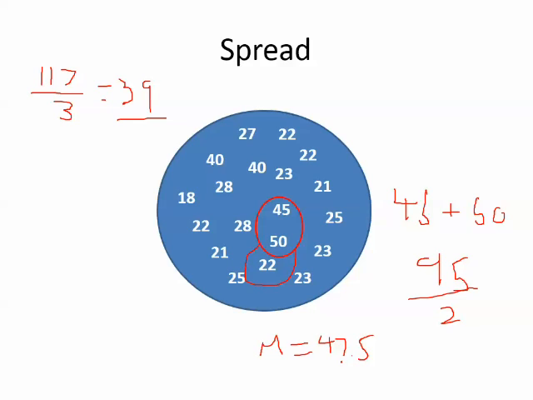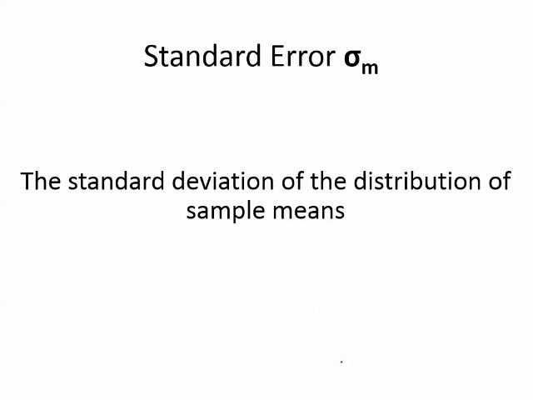So let's look at how we're going to measure this. We're going to measure this using what's called the standard error, or the estimated standard error. You can find this on page 182 in your book.